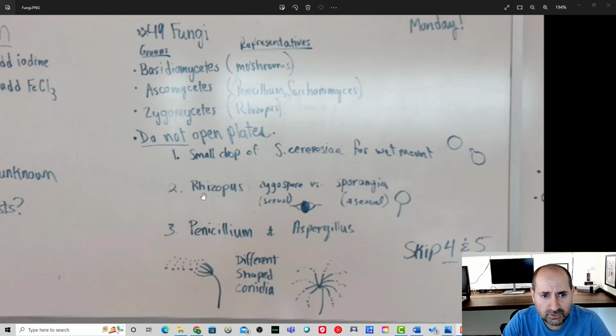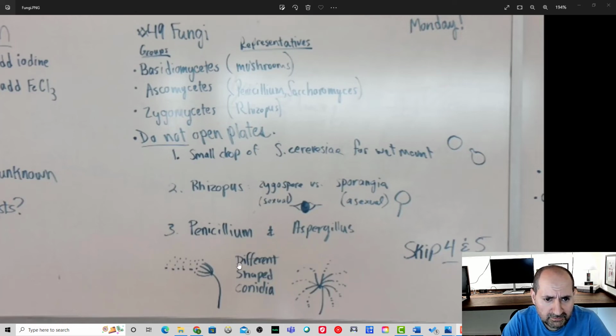Next, I wanted you to know about some of the structures associated with Rhizopus. For example, Rhizopus stolonifer forms a sexual spore called the zygospore, which kind of looks like this. And it can also form a sporangium, which is an asexual type of spore, which looks like this. Additionally, I wanted you to know about the structures associated with Penicillium and Aspergillus.